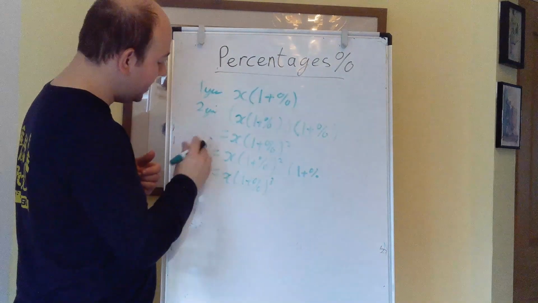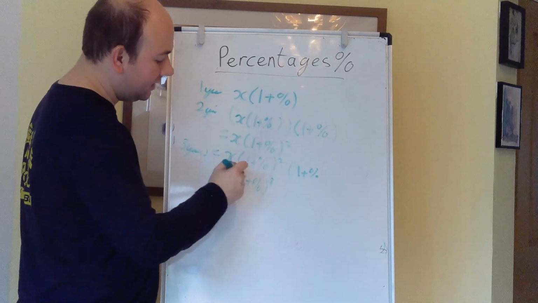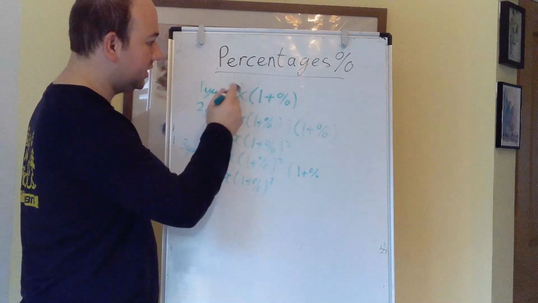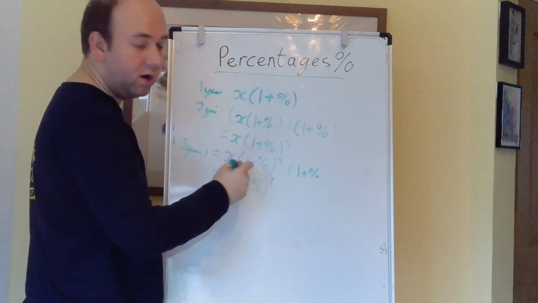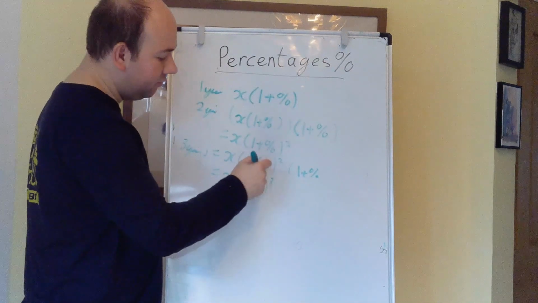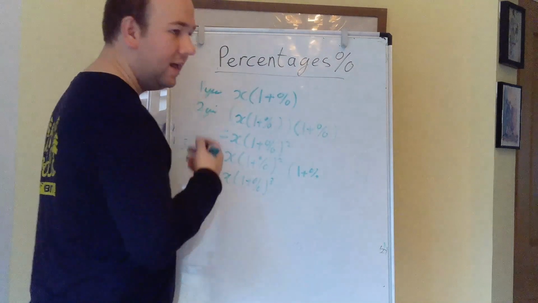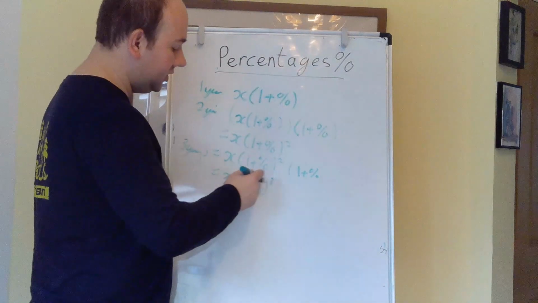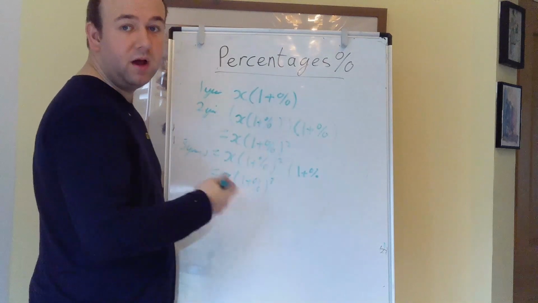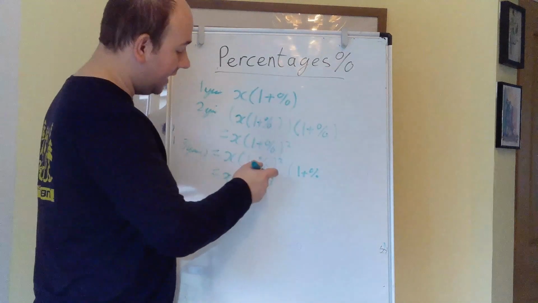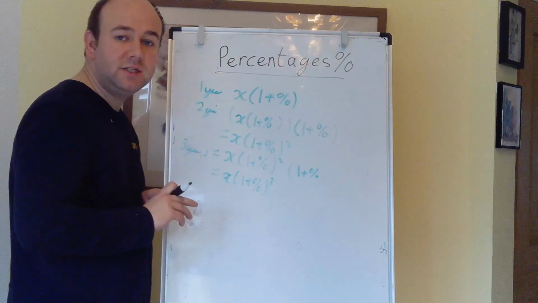So as you can see, for every year you do, you get your formula, which is your principal amount, your starting amount x, multiplied by 1 plus your percentage, and you raise that bracket to the number of years you have been through. There is a modification of this formula if you're getting paid multiple times per year, in which case you divide the percentage by the number of times per year you get paid, and you multiply the power by that number.